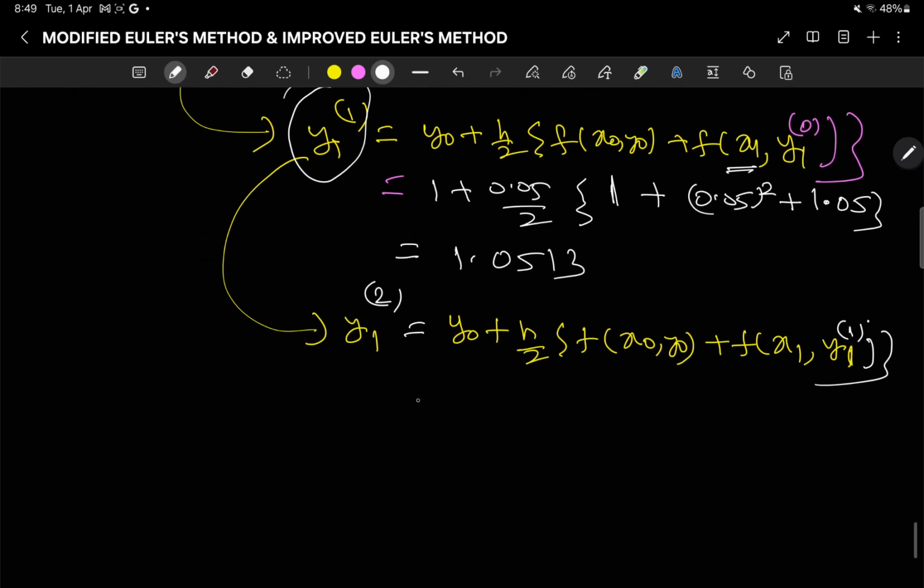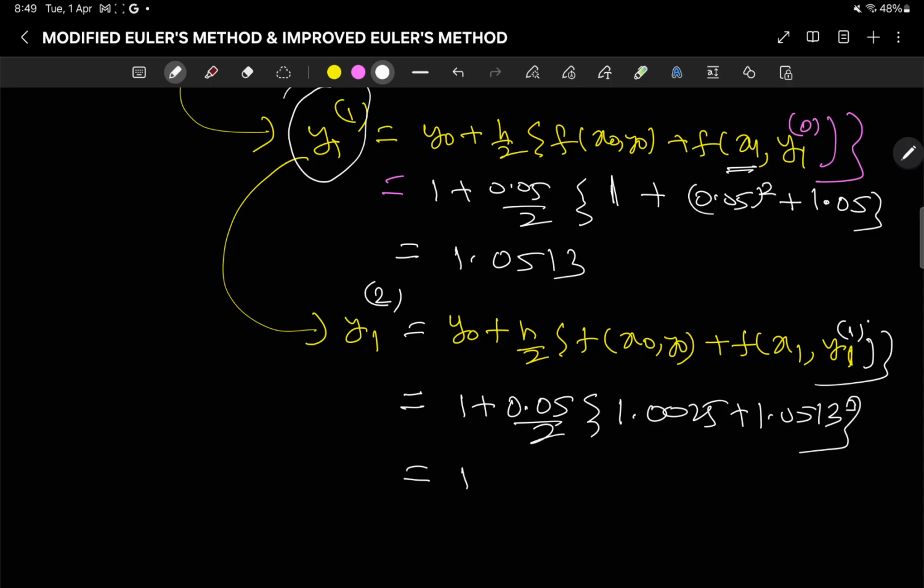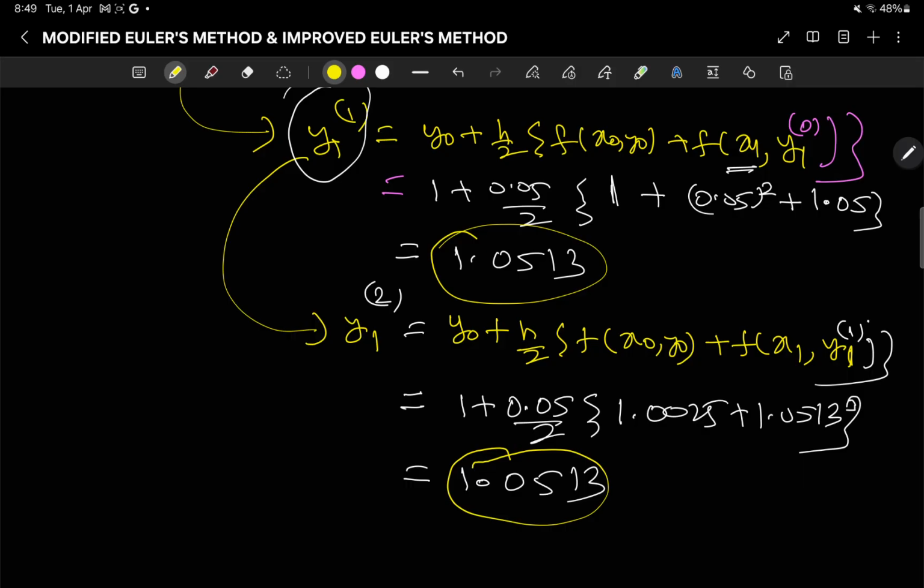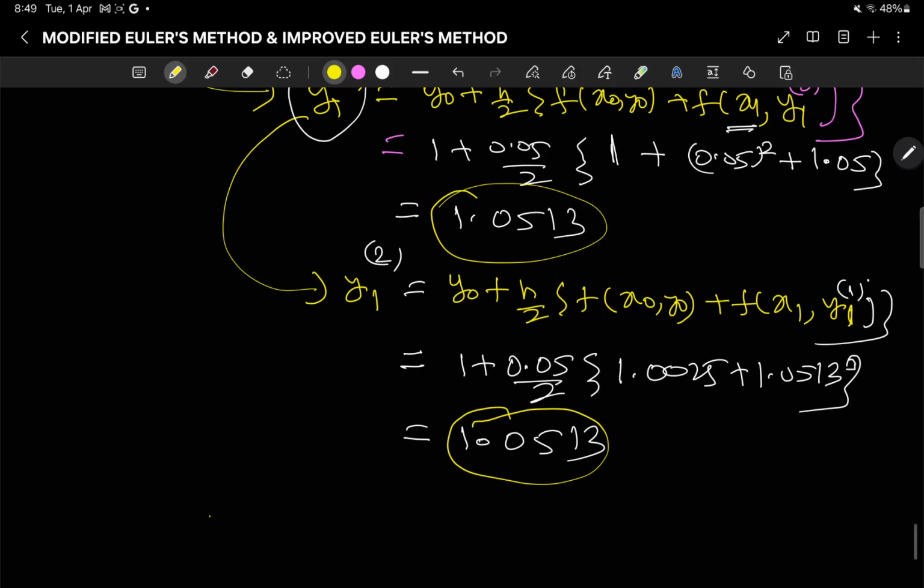So I solve it: 1 plus 0.05 by 2, 1.0025 plus 1.0513, and simplifying I get 1.0513. You see, since this and this coincide, we cannot go further, and we say that y of 0.05 is 1.0513.